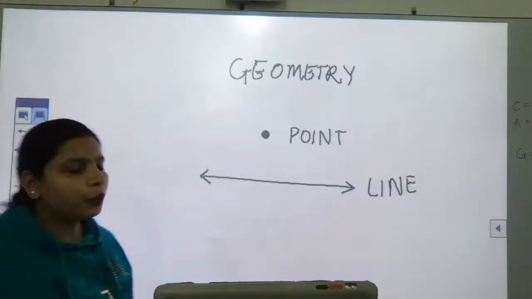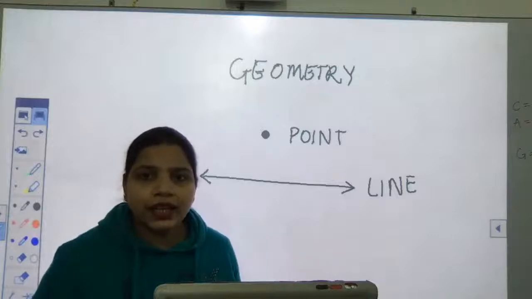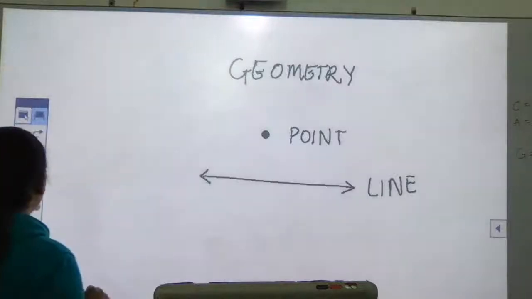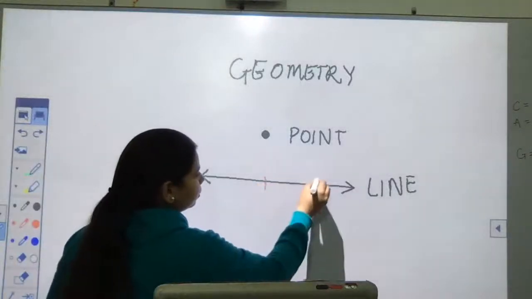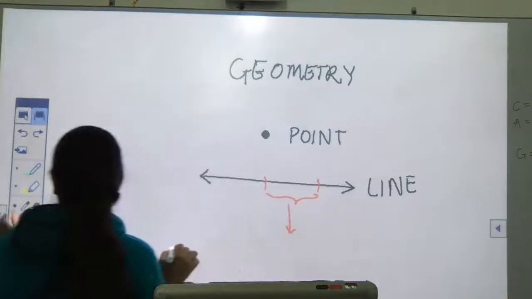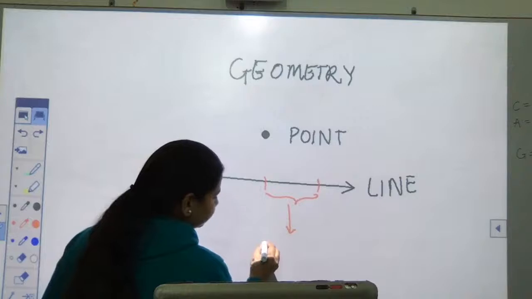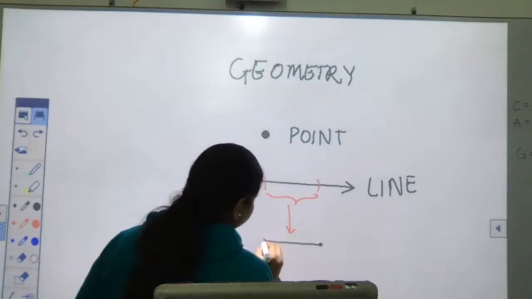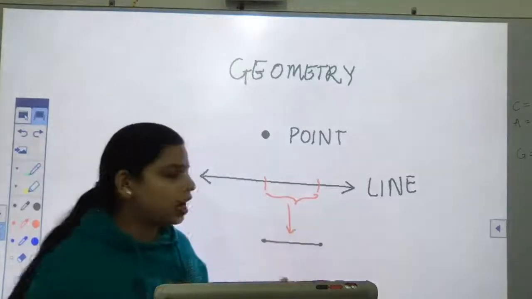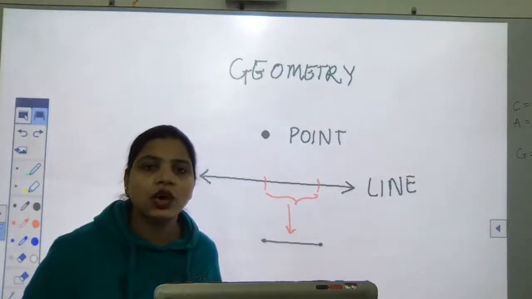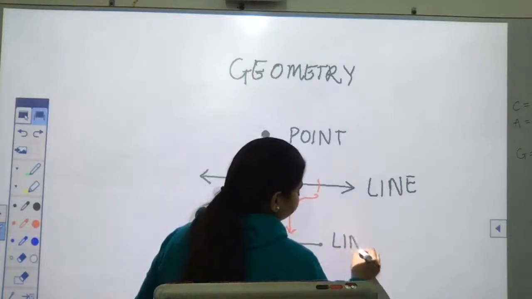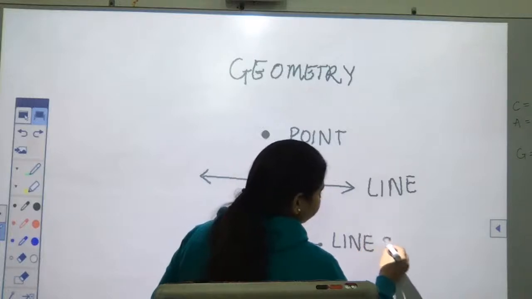Now, if we cut it from two points and take this part out, we have just taken a part of a line out, and this part of a line is called a line segment.